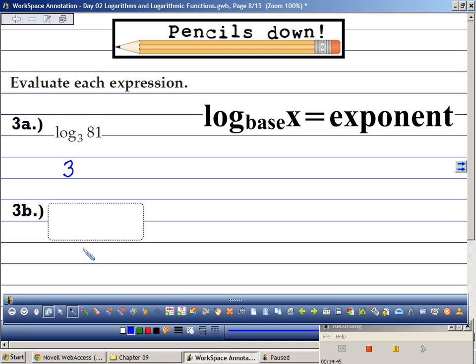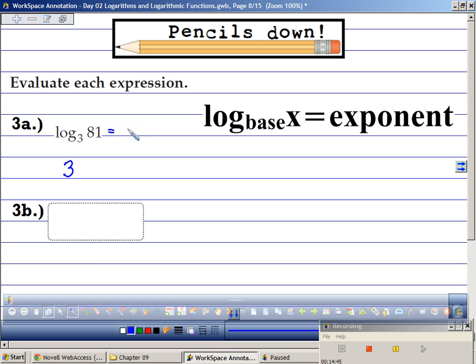What's my exponent? You don't know yet, but what is my exponent normally? Y. Remember? Log base b of x equals y.